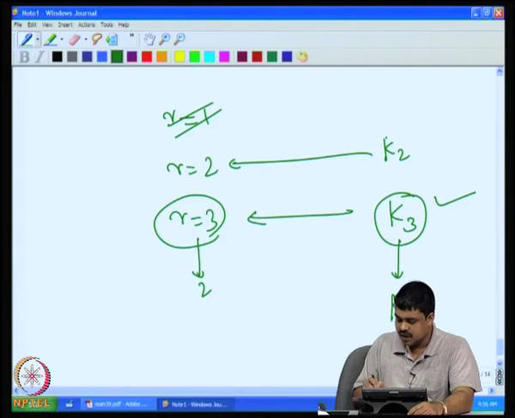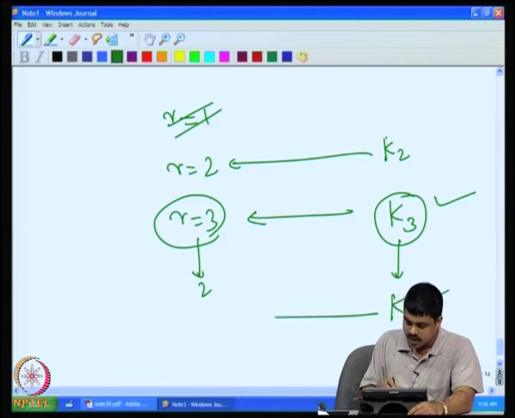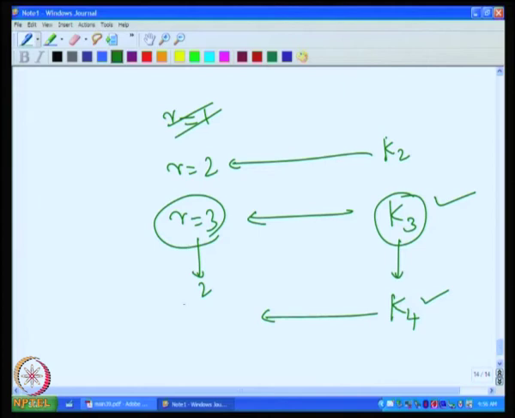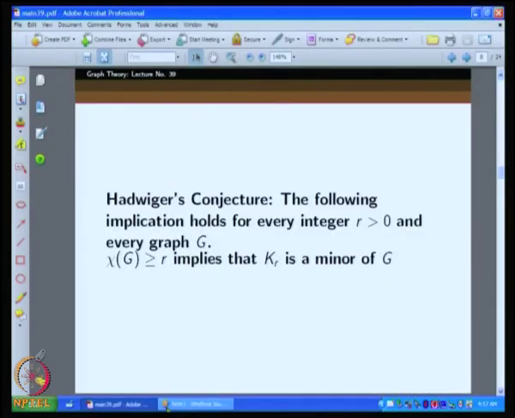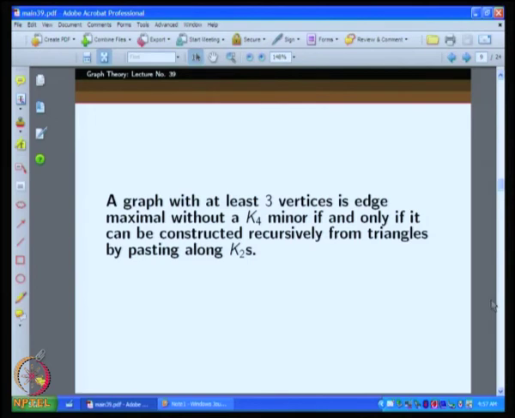If we do not have a K_4 minor, the r equal to 4 case, then we can color using 3 colors. So, this needs a little more effort.